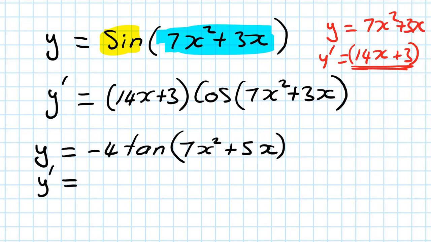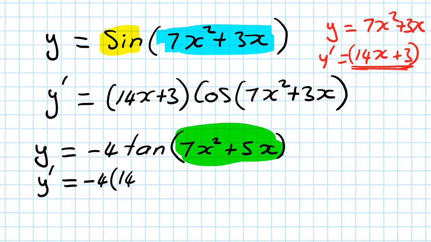Differentiate the angle, the derivative of this. 7x squared becomes 14x, 5x becomes 5. So 14x plus 5. But because of the negative 4 in front, I just put negative 4 first, times the derivative of the angle, which is 14x plus 5.